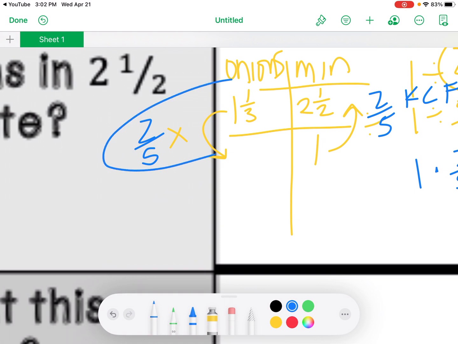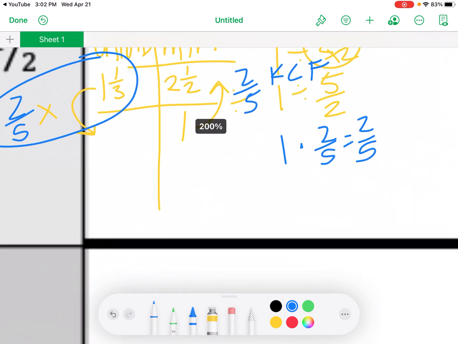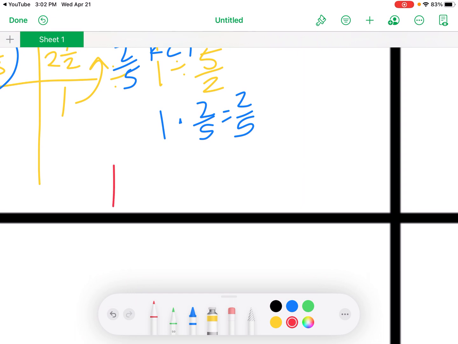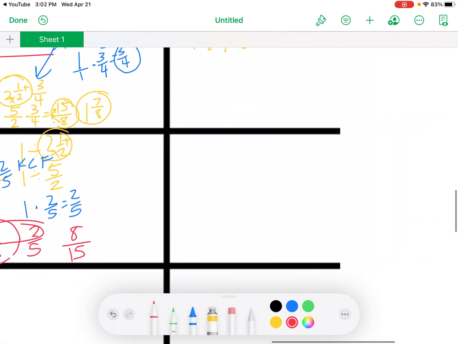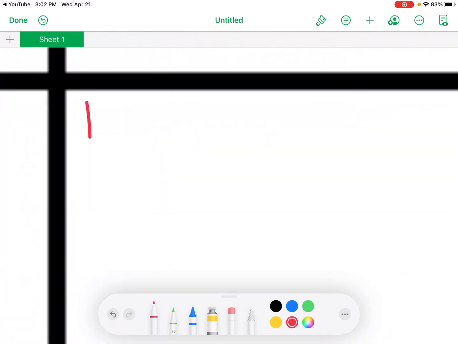So now I'm going to multiply 1 1/3 times 2/5. I have to go around the world before I can multiply. 1 times 3 is 3, plus 1 is 4, so I have 4/3 here. Then I multiply straight across, so I get 8/15. So in 1 minute, he can cut 8/15 of an onion.